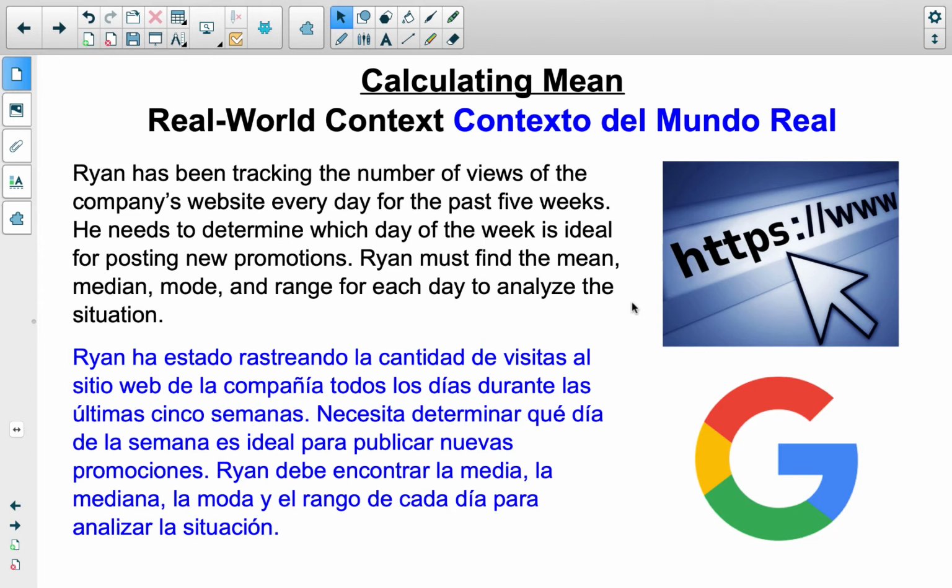A lot of companies, specifically if they have online brands, use information like mean, median, mode, and range, and obviously a lot more in-depth analysis, in order to determine things like when should I post, what should I post, who's viewing the post. In this context, Ryan is using the simple mean, median, mode, and range to analyze this situation.